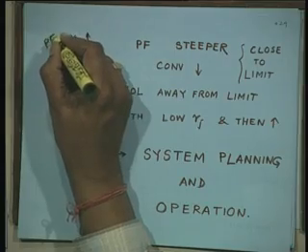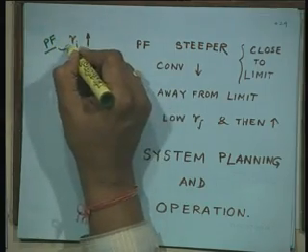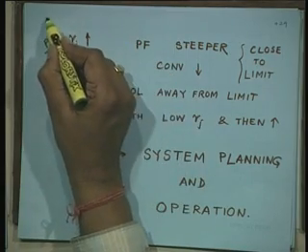I promised you that I will comment on gamma j. What is gamma j? Gamma j is nothing but the penalty factor.